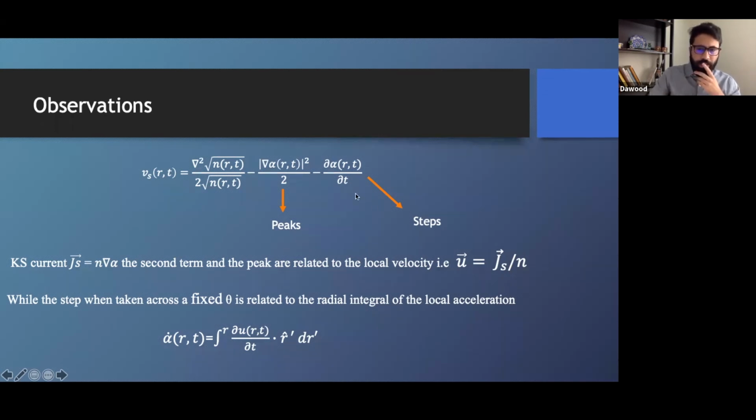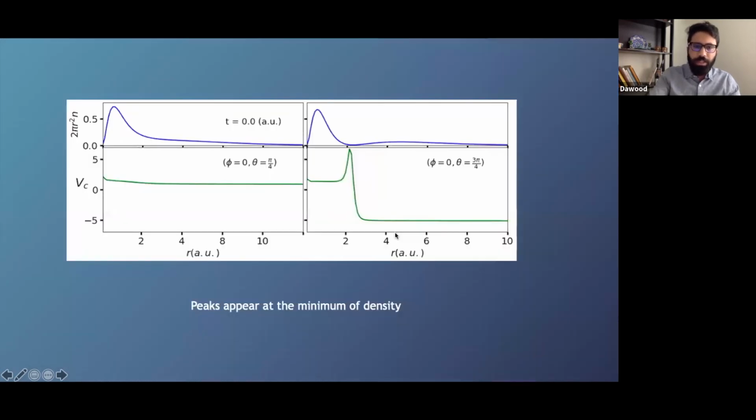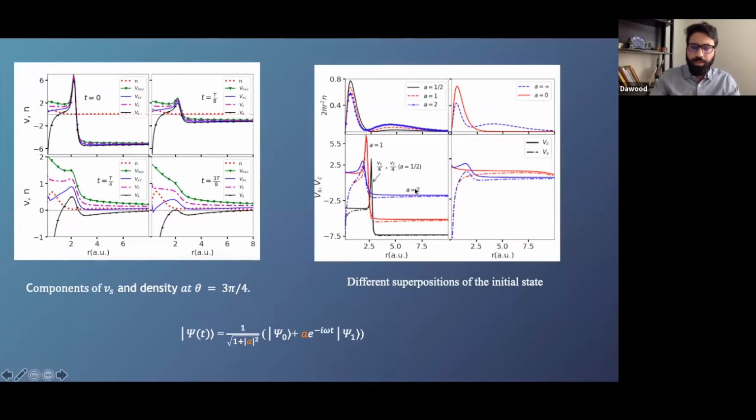And the steps seem to appear from this third term. If you take a radial integral of this term, alpha dot, it gives you the size of the steps that you see in this figure.